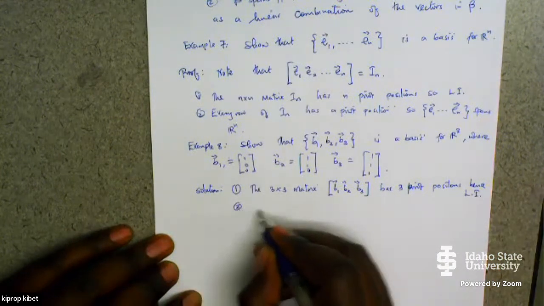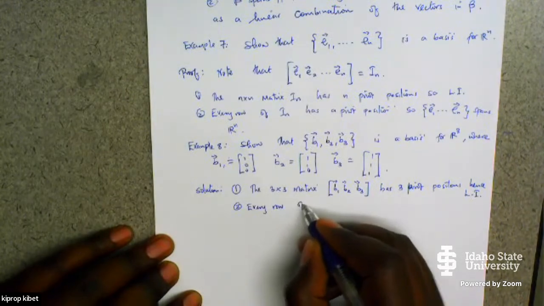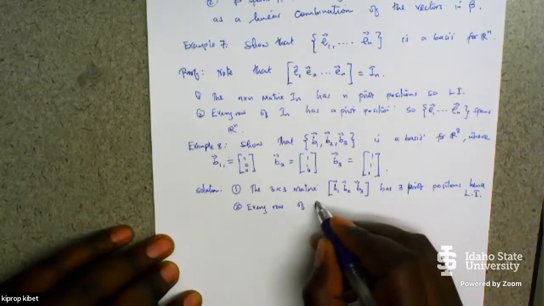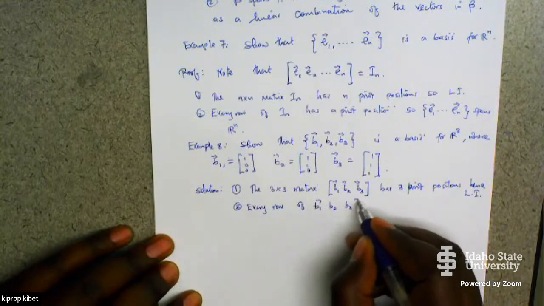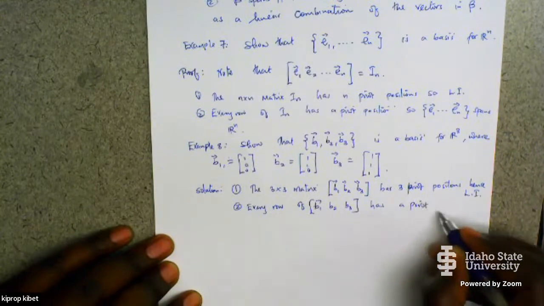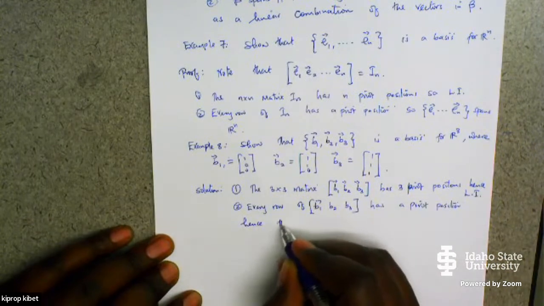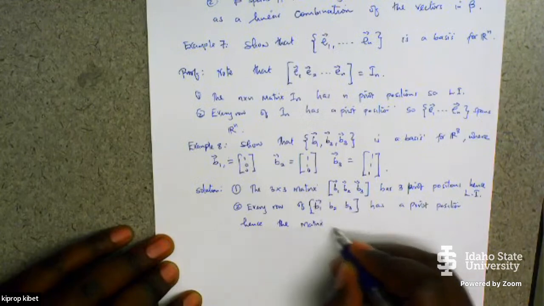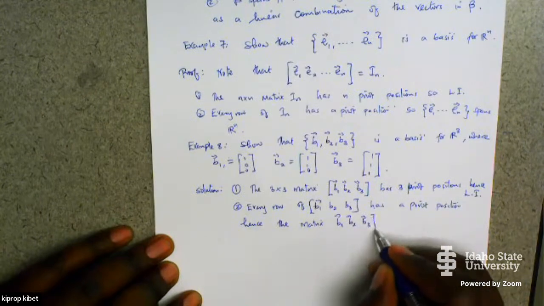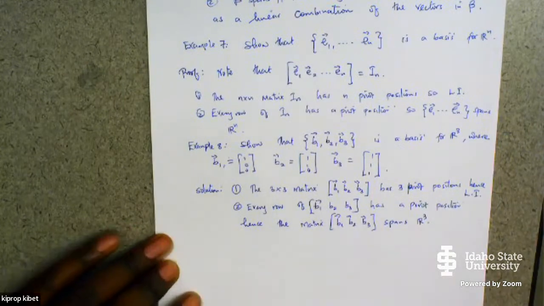Number two, every row of the matrix b1, b2, b3 has a pivot position. Hence, the matrix b1, b2, b3 spans R3.